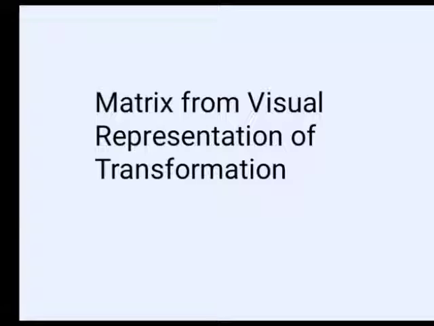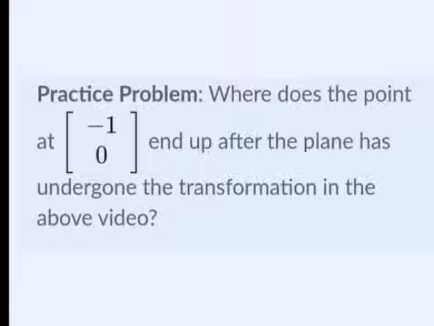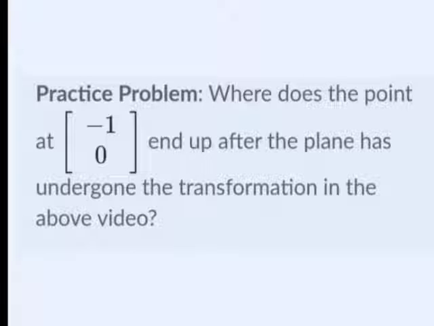Hello everyone. Before we proceed with the matrix from visual representation of transformation, let us answer first the practice problems that I have given you on the last video. On the first problem, we are going to see where the point at -1, 0 ends up after the plane has undergone the transformation.